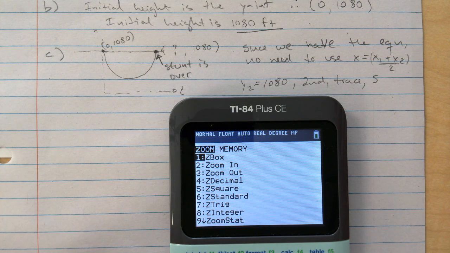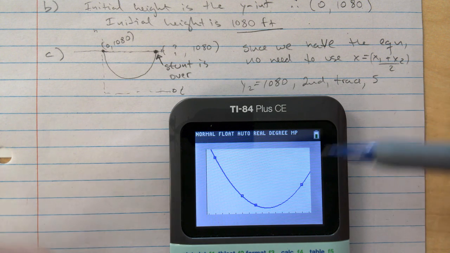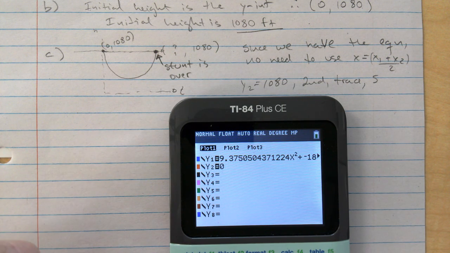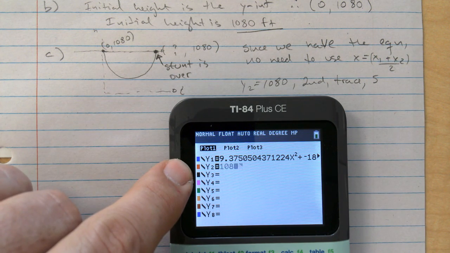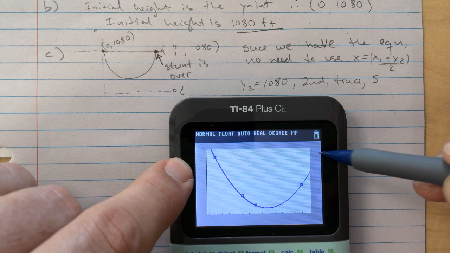Let's see what zoom 9 does for me. And there it is. Not bad. Let's go ahead and graph 1080. Let's put it in for y2 and hit graph. My guess is you're not going to see it. Yeah, you're not seeing that horizontal line.